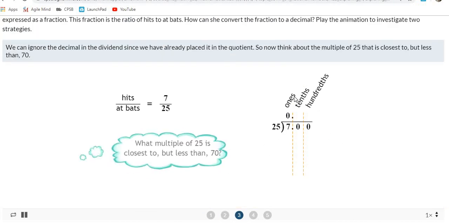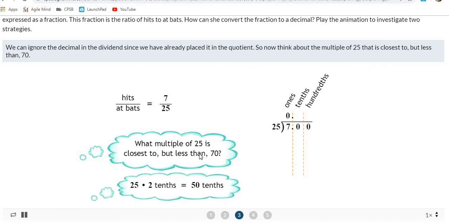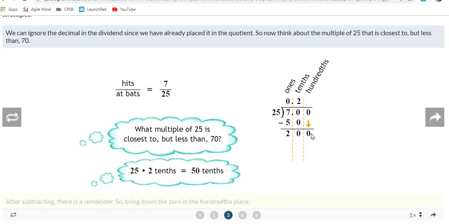You're writing this long division. So what multiple of 25 is closest to 70? They found 25 times 2 is 50. They subtracted that and brought down that extra 0. Now they have to see how many times 25 can go into 200.